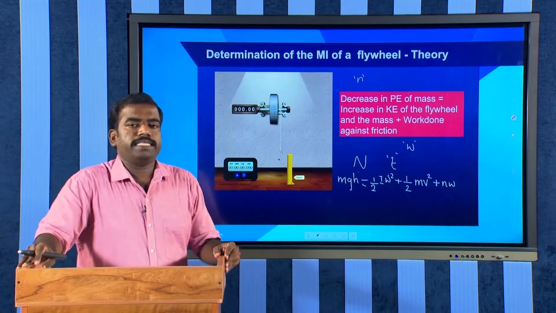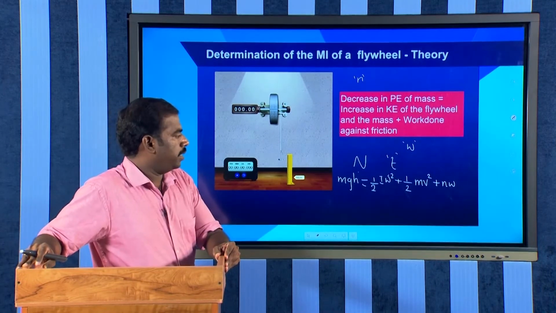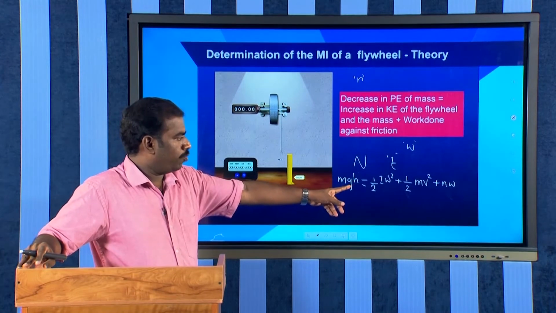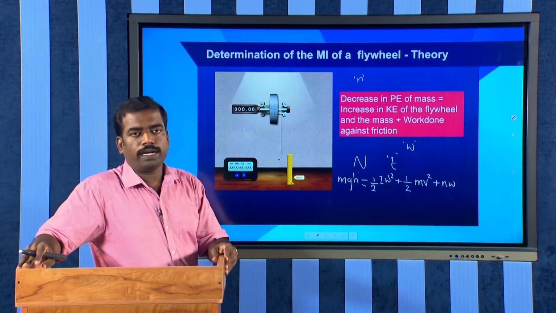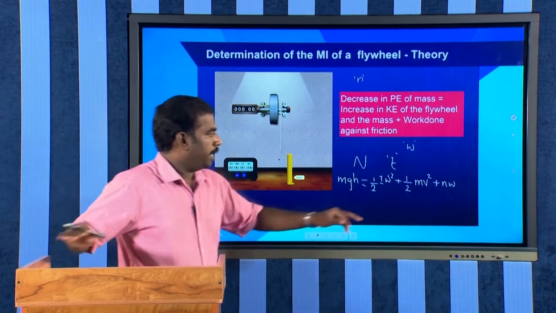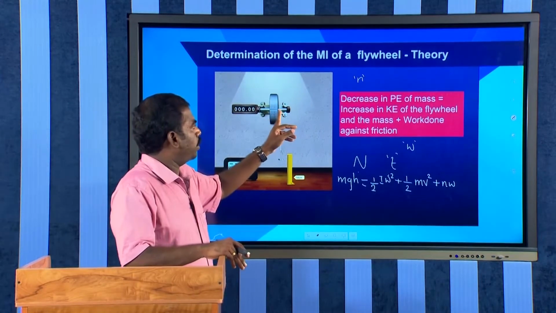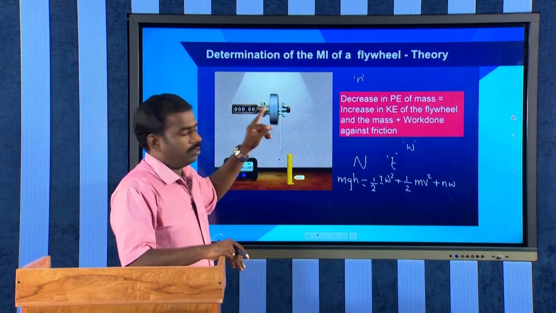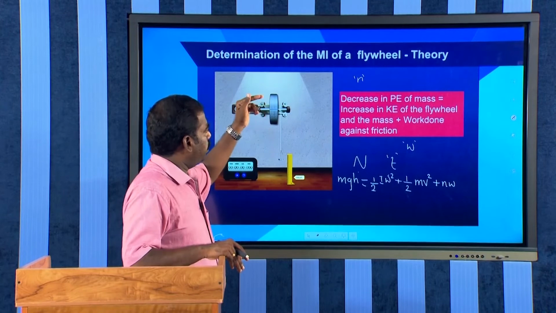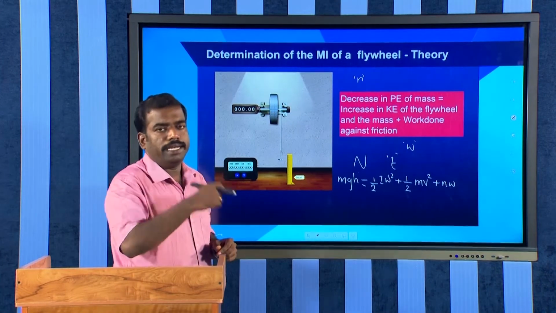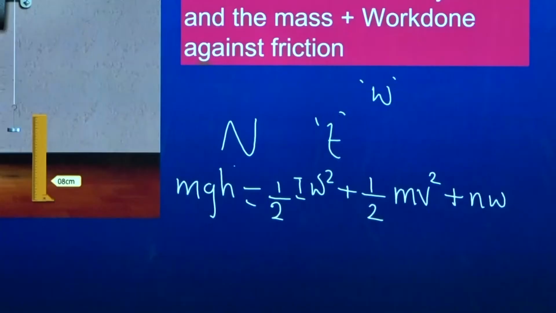The potential energy lost by the mass is partly converted to kinetic energy of the flywheel, kinetic energy of the falling mass and work to overcome the frictional force. Here n stands for the number of rotations the flywheel makes in the initial stage, because it needs to unwind completely.